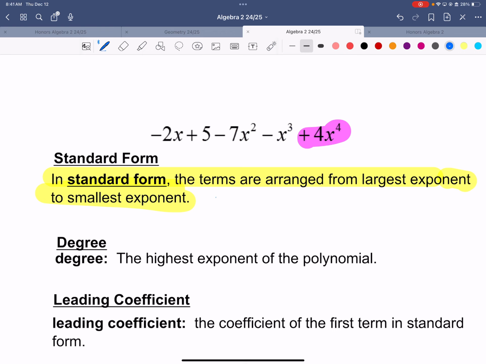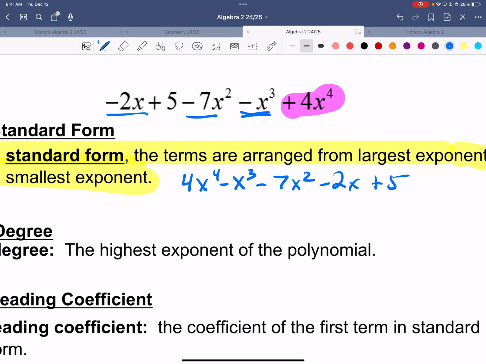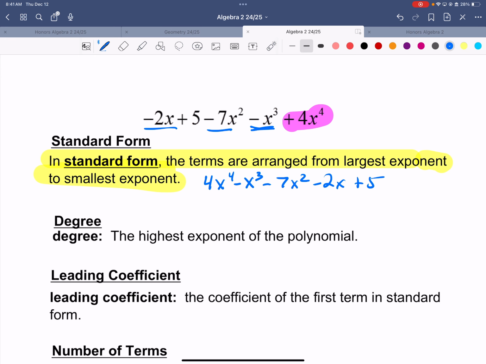We simply rewrite this as 4x to the fourth, now I've got negative x to the third, minus 7x squared, minus 2x, plus 5. That's now in standard form. I have my largest exponent, 4, down to my constant. So it goes 4, 3, 2, 1, none. It doesn't have to. There can be gaps in there, and that's okay. We just have to go from the largest to the smallest.